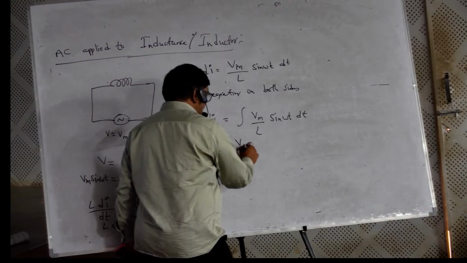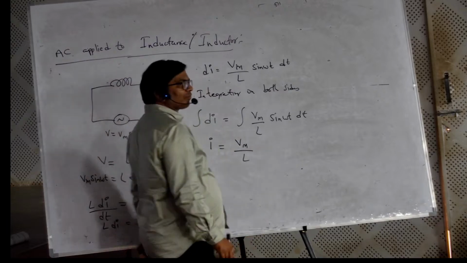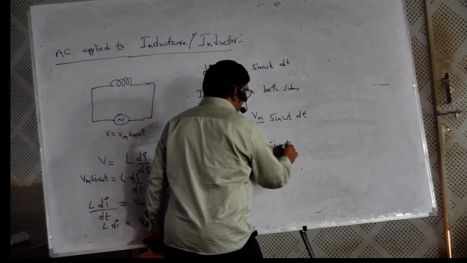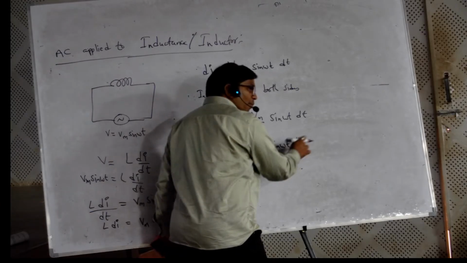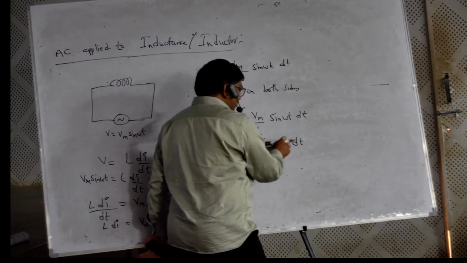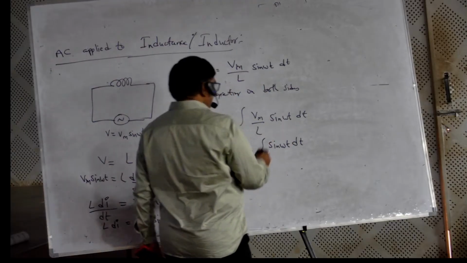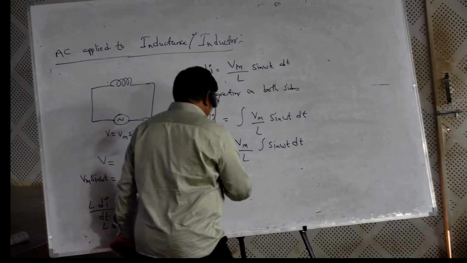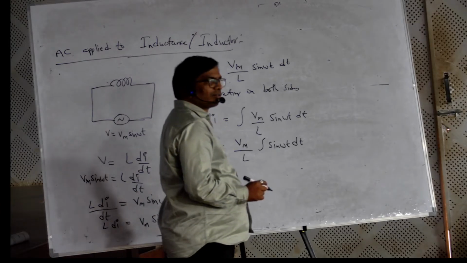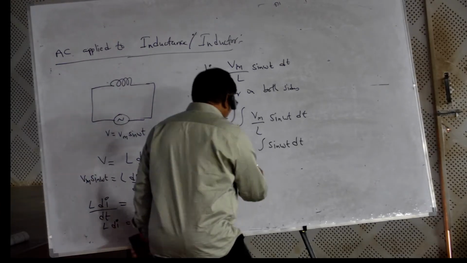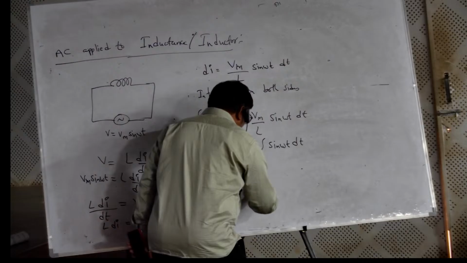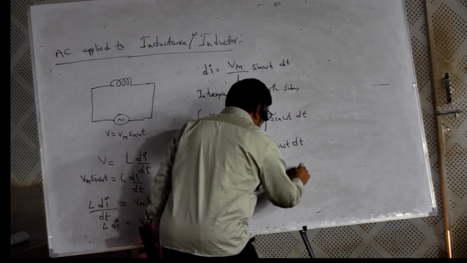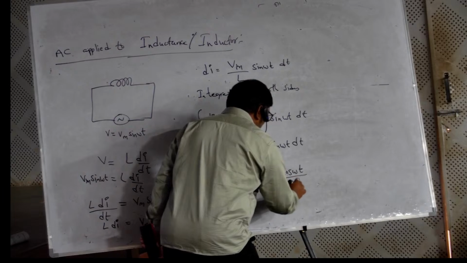I am bringing L outside. So the integral of sin omega t dt, not d omega t, dt. Integration of sin gives minus cos. So Vm by L times minus cos omega t by omega.